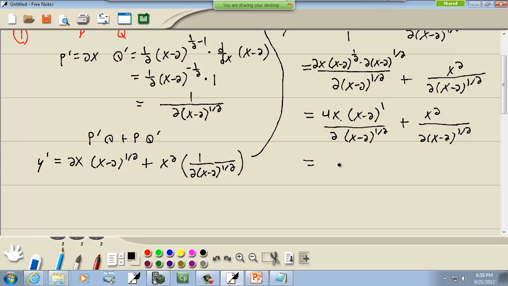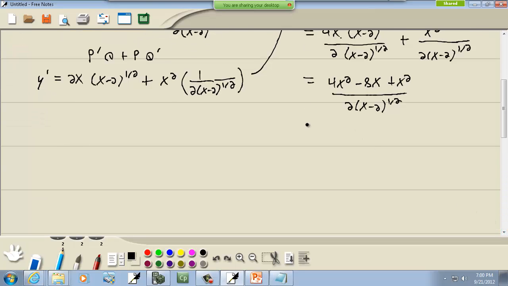Now here, 4x times x is 4x squared. 4x times negative 2 is negative 8x. And I'm going to go ahead and merge them together now. I'll go ahead and put the plus x squared here, and then this down below. 4x squared plus x squared gives us 5x squared minus 8x over this.